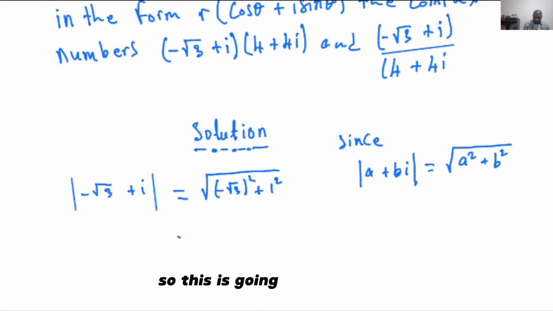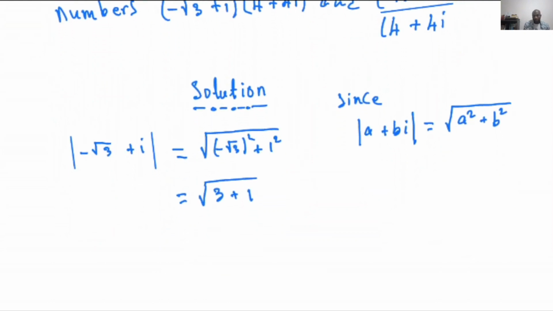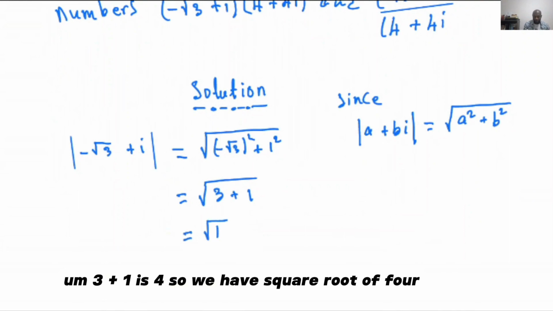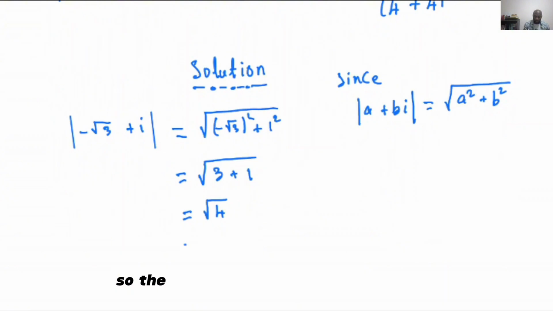So this is going to be square root of 3 plus 1. 3 plus 1 is 4, so we have square root of 4. So the modulus is equal to 2. So let's call this r1.